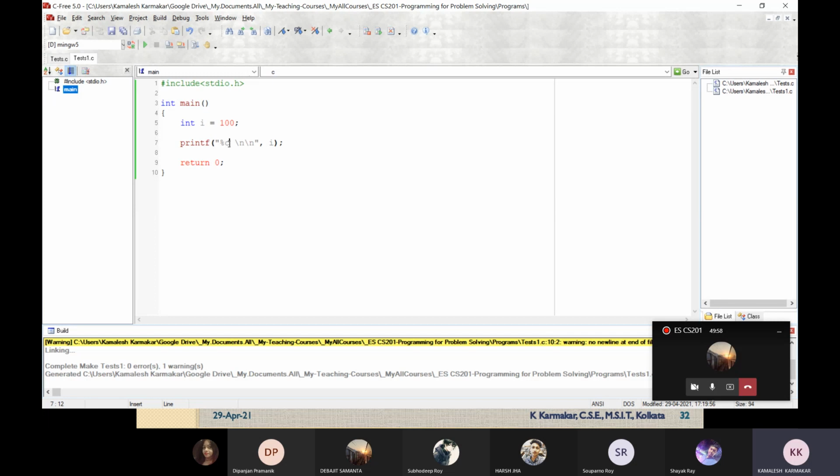So if I pass 100 to be printed as a character, its corresponding ASCII value will be printed. A character is again treated in a system as an integer value, and its size is 1 byte.